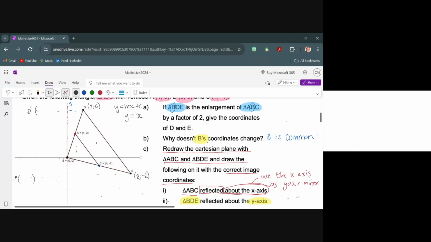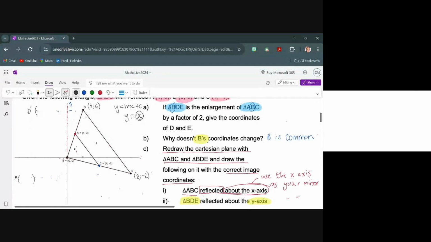All it means is whatever my x value is, that's what my y value is. So if my x value is 1, y will also be 1, so I can put a dot at 1, 1. If my x value is 2, then my y value will also be 2.